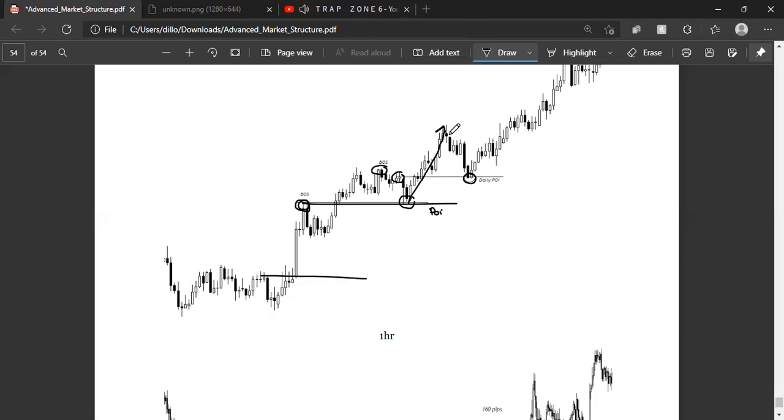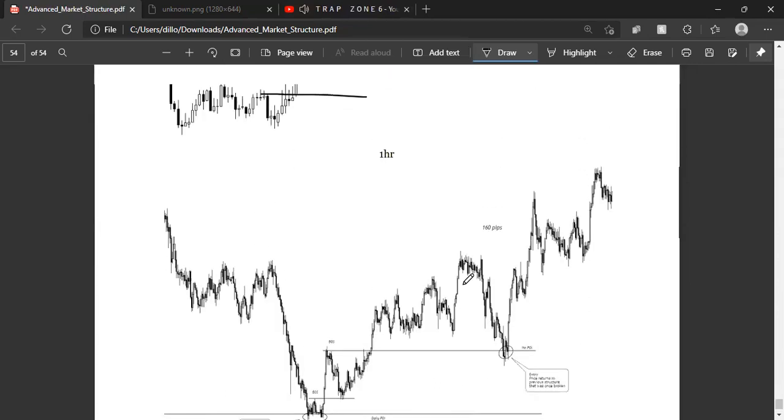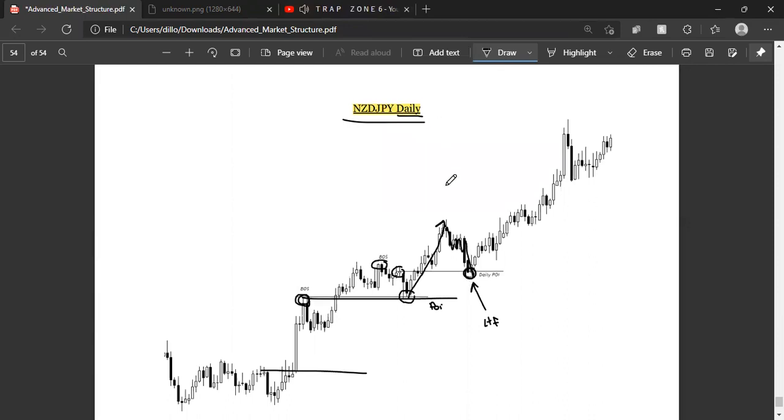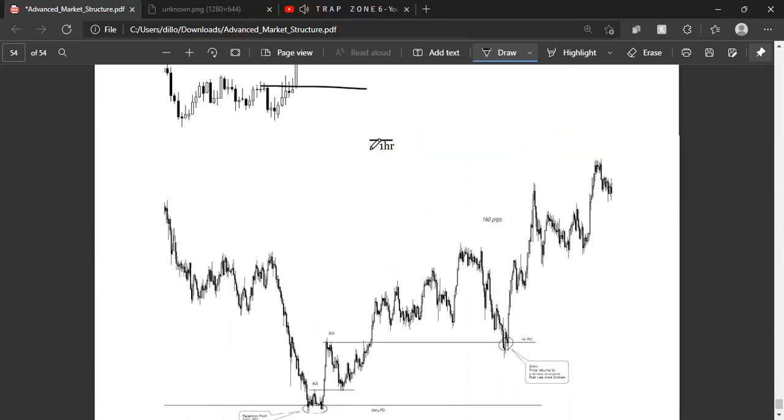So at this time now, we start seeing the retracement back in, and that's when we want to go into that point of interest on the lower time frame, right? So we drop down from the daily to the 1 hour.